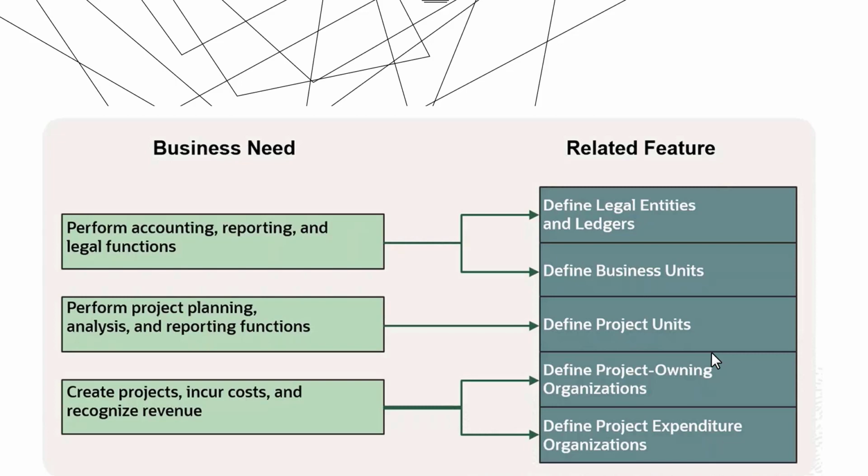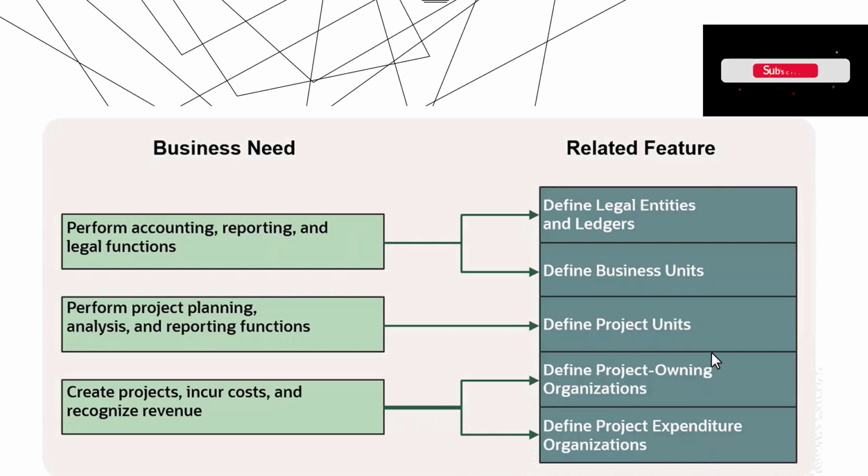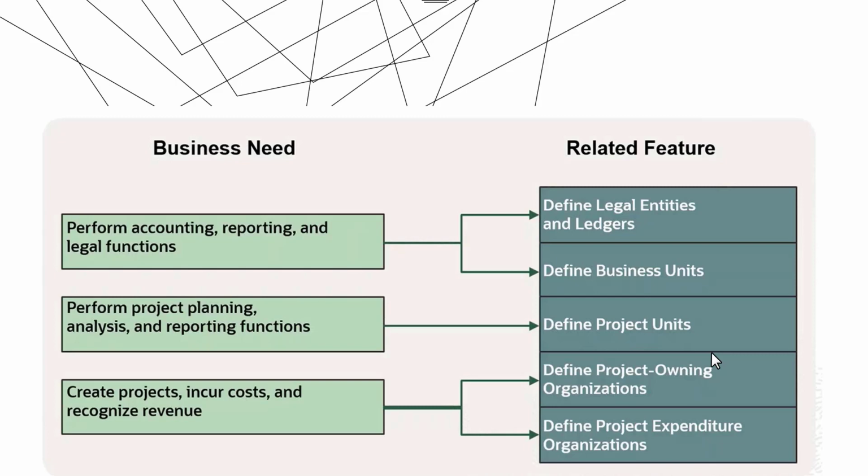For that, the exact features built from an enterprise structure point of view are defining project owning organizations and project expenditure organizations. If you are not familiar with these terms already, that's no problem, because in my next videos I will talk about all of these terms.